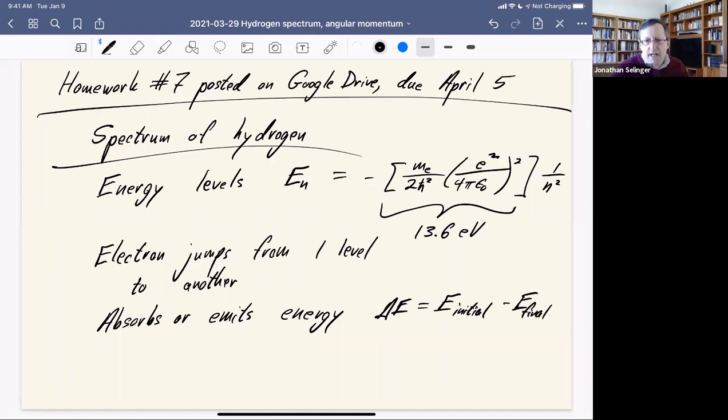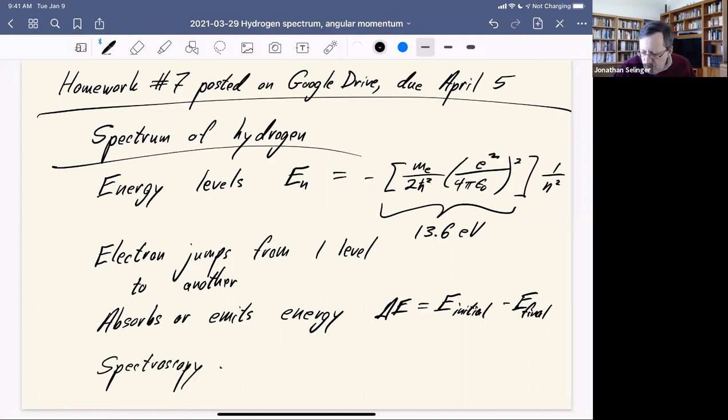So if the electron is going from a higher level to a lower level, it releases energy corresponding to that difference. Right? If it goes from a lower level to a higher level, it has to absorb energy. That's the difference. Right? And so this difference is what's detected in spectroscopy experiments.